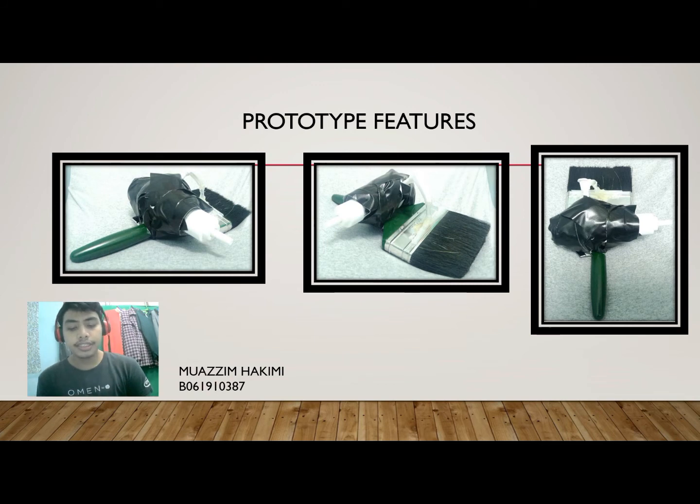And last, the prototype also has a paint channel controller to the brush. The paint channel controller is above the storage section for the paint, the white one, so it is easy for the user to control the paint into the brush. Thank you.